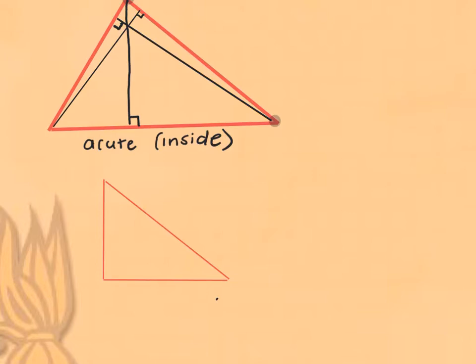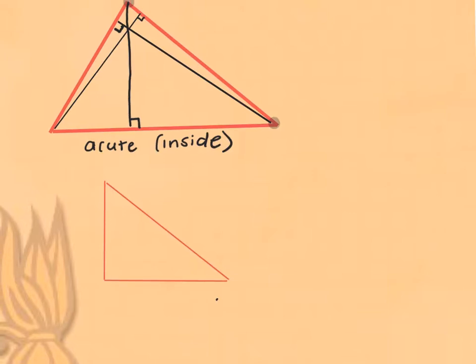When I go to find the perpendicular segment that connects the other side from the top angle, you're going to see that that line is already the side of the triangle. So if I come from this top vertex here and I draw my perpendicular segment, it's actually going to come straight down because it's already the side of that triangle.